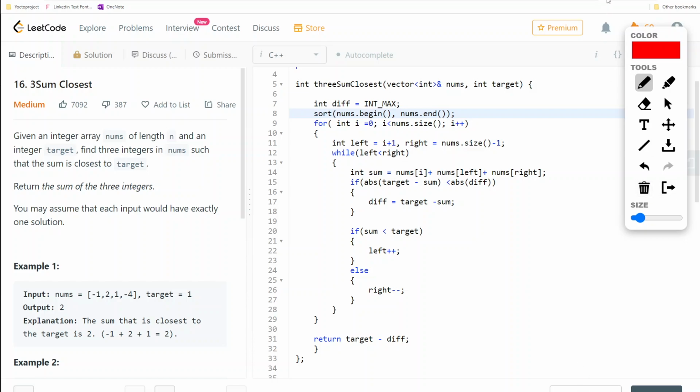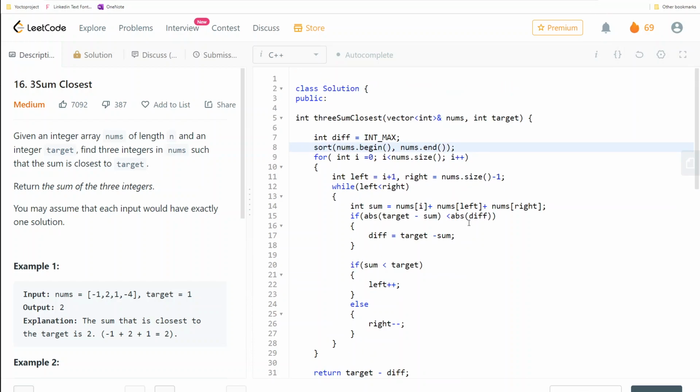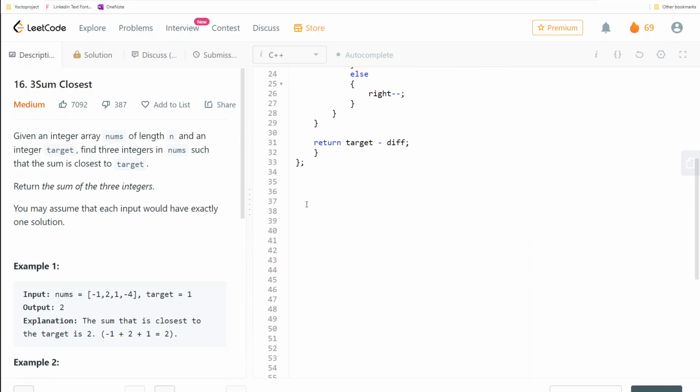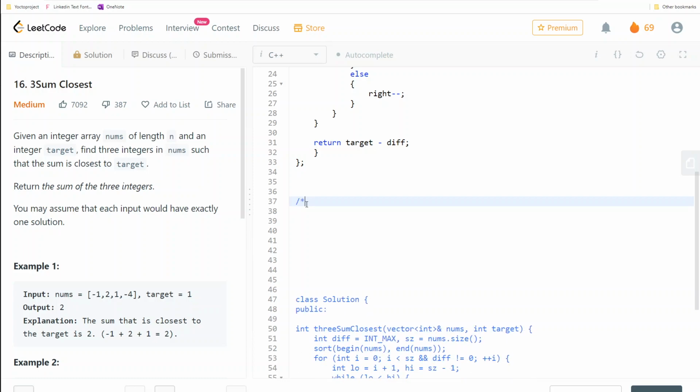So now we have coded the same. Now let us run this. We haven't commented our below code, right? So just comment the same.